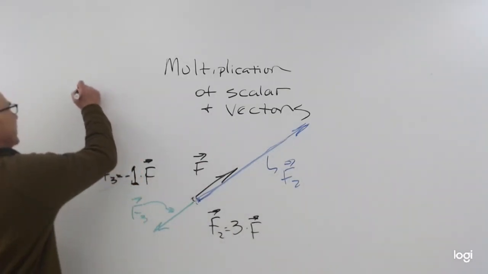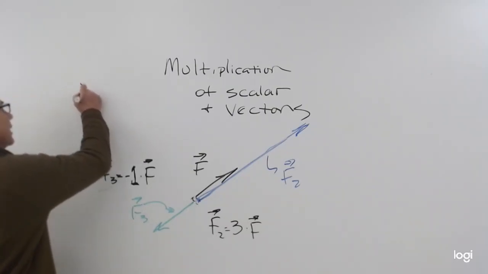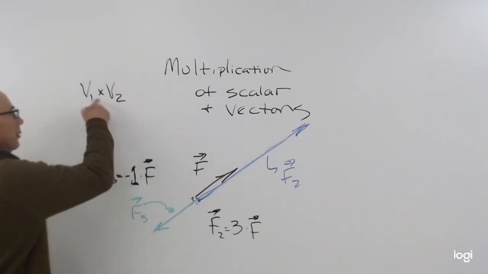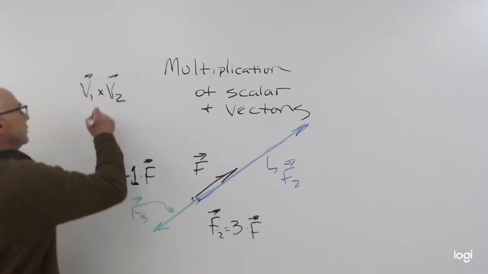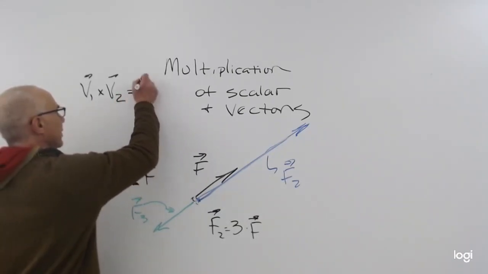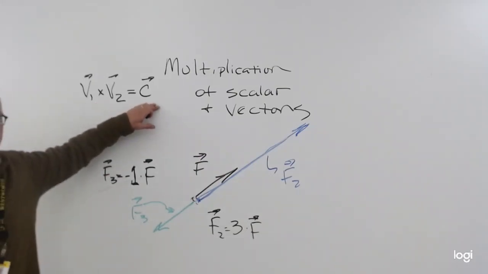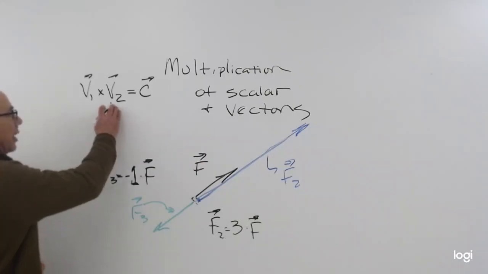Let's say we're going to take vector 1 and vector 2, and we're going to do a cross product. It turns out the cross product ends up with, I'll use C, when you take the cross product of 2 vectors, you come out with a vector. That's V1 cross V2.